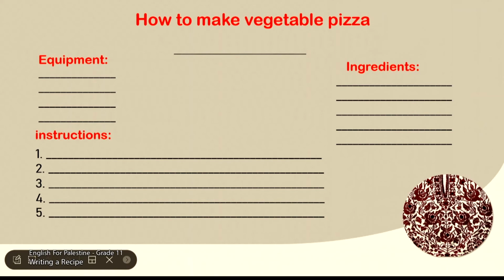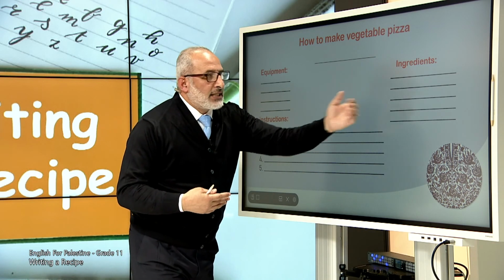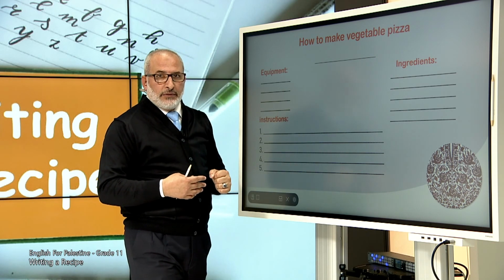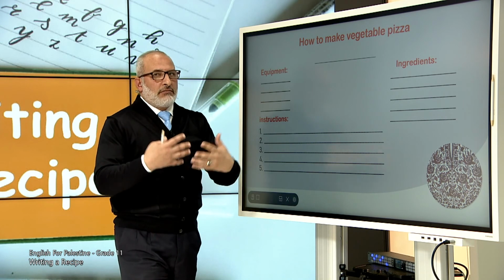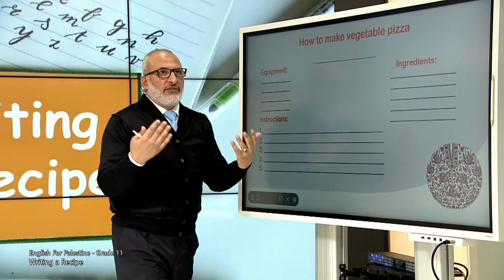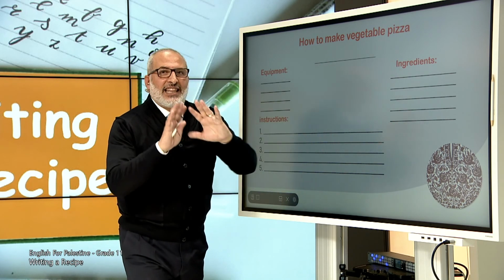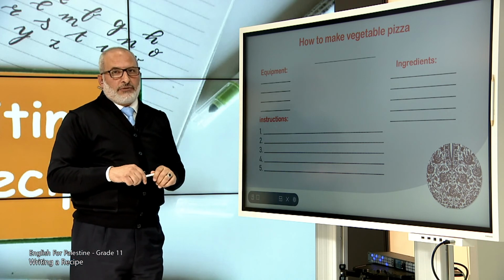Equipment: what equipment do you need in order to do your recipe? And what ingredients do you need? The vegetables or the ingredients, the things you need to make your recipe.